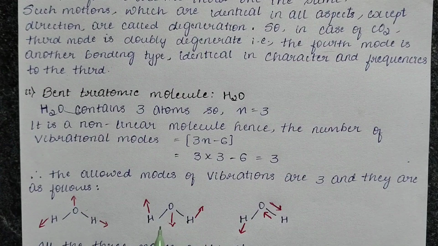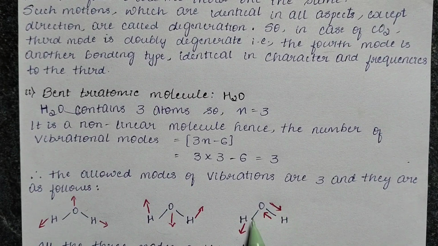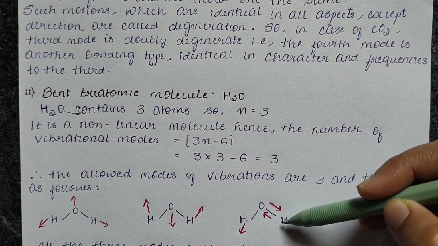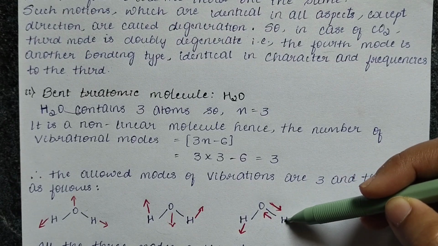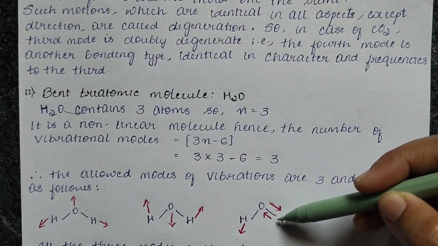And in the second mode of vibration, we can see both the hydrogen atoms are moving sideways, and here also the first and second modes of vibration are almost similar, but their direction of movement is different. And in the third mode of vibration, we can see one of the hydrogen atoms is being extended while the oxygen and the other hydrogen atom in the bond are moving in the opposite direction. So there is an equal and opposite force acting between the oxygen and hydrogen, holding them together and keeping them balanced.